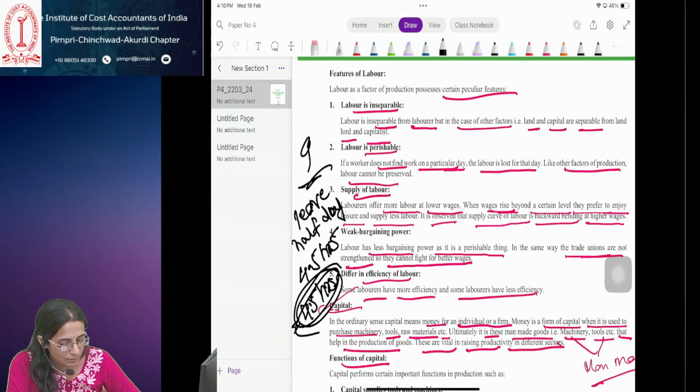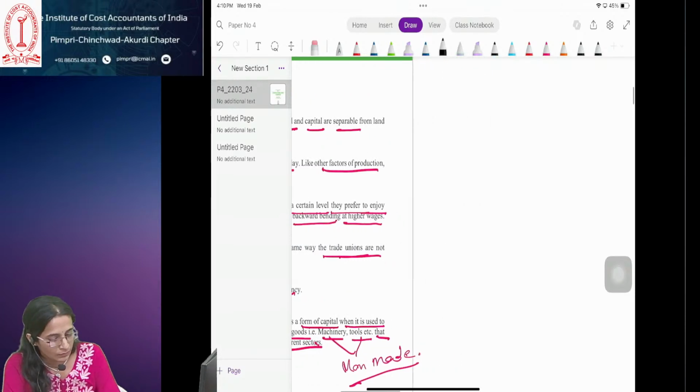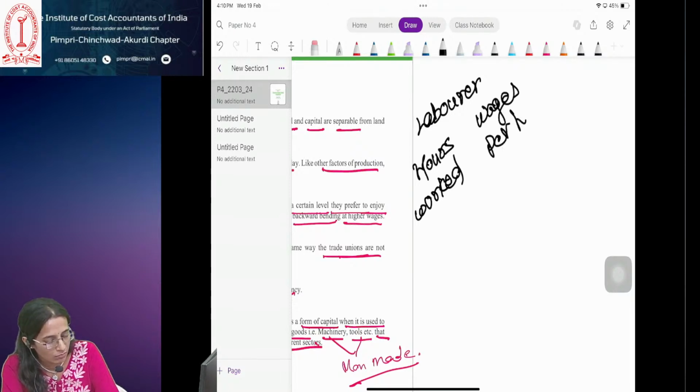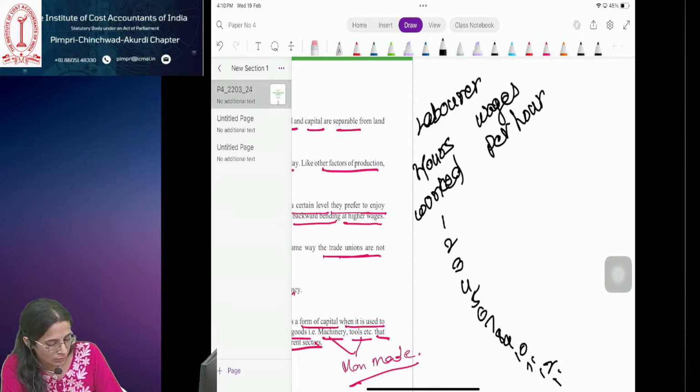This is the same thing we were discussing. I am a laborer. Hours worked and wages per hour. I work for 1 hour, 2 hours, and wages go on increasing.